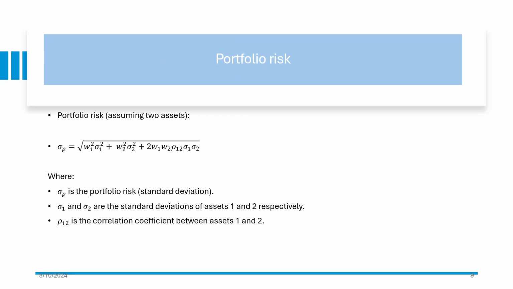Now coming to the portfolio risk. Here we assume that the portfolio has 2 assets. Let's recall the cosine rule from high school, where we had something like A plus B minus 2 cosine AB.